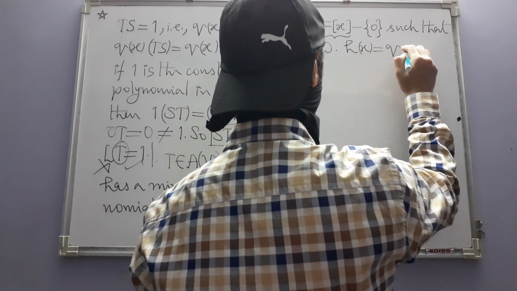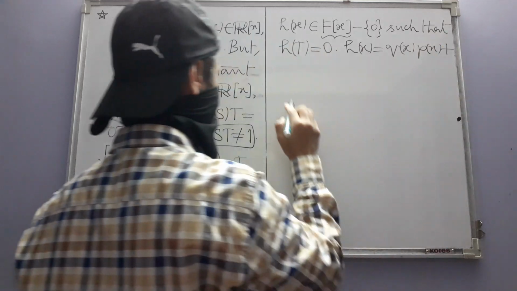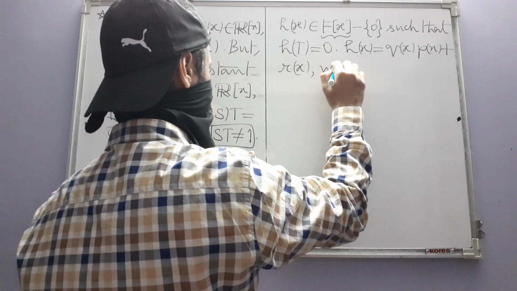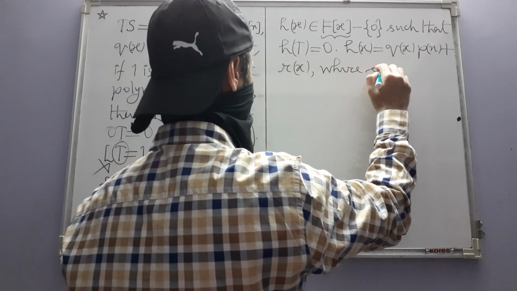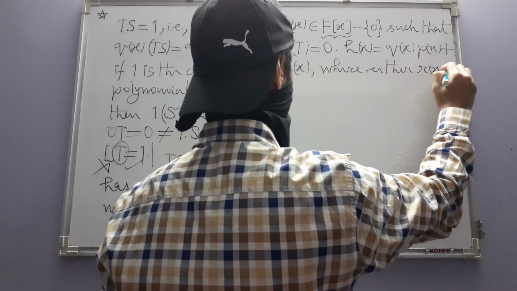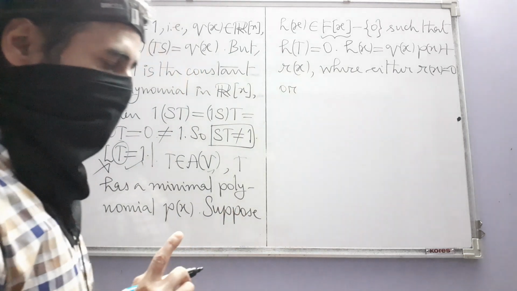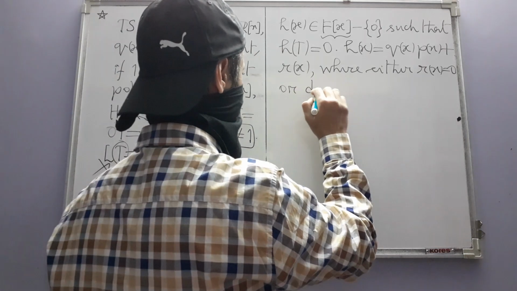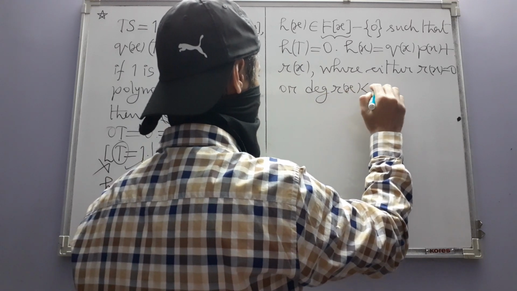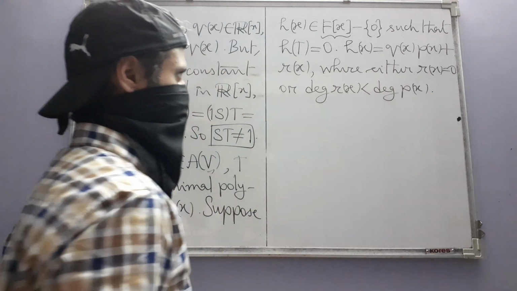quotient polynomial q(x) and a remainder polynomial r(x), where either the remainder is the zero polynomial or it is non-zero, in which case its degree exists and is less than the degree of the divisor polynomial.